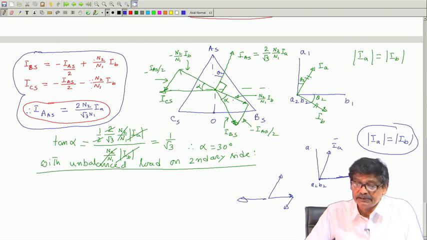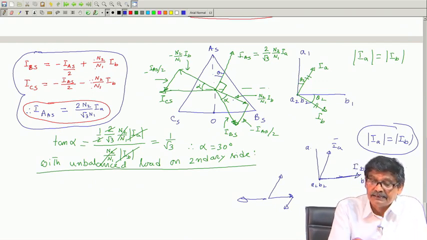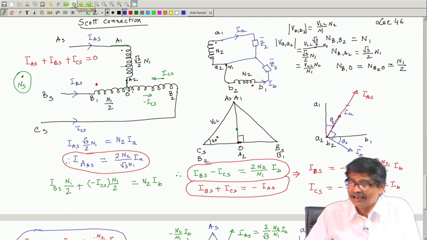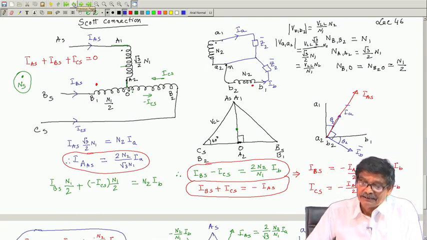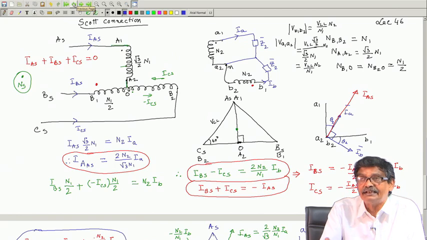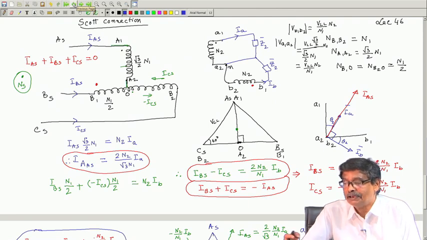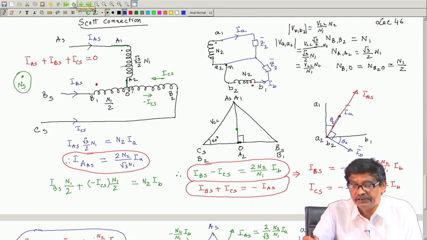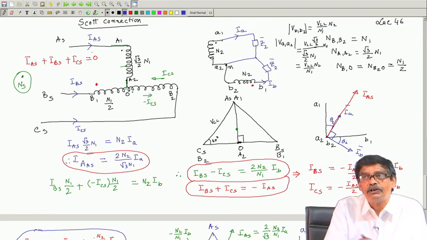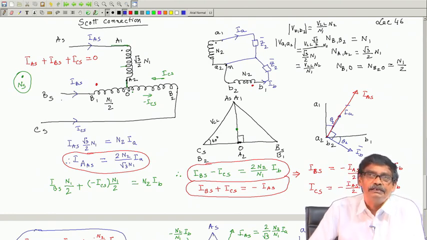So, Scott connection is a very nice connection, and another thing I will ask you to explore is this connection, that is this side connected, this side connected. Suppose I plan to apply a two phase voltage to this side, shall I get a balanced three phase output voltage on this side? This you please explore.